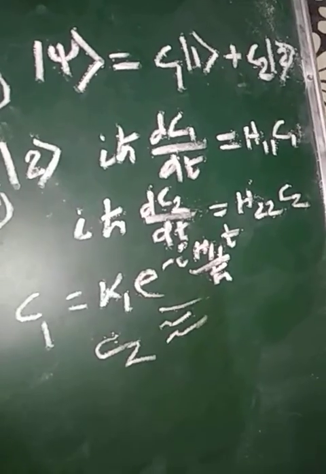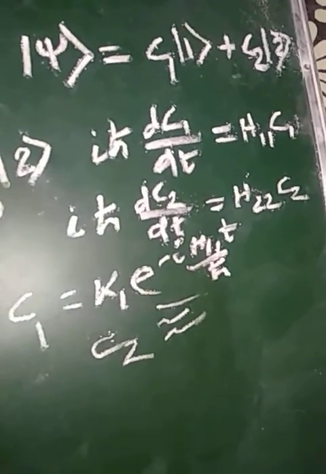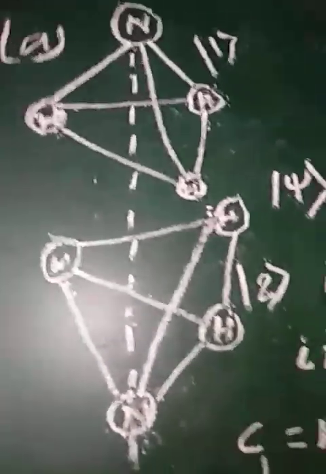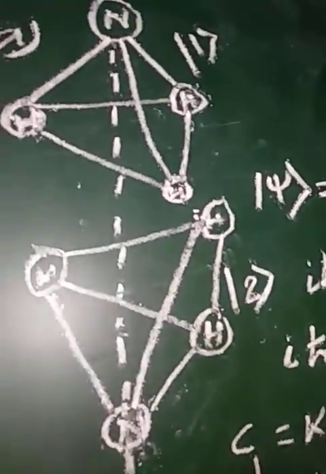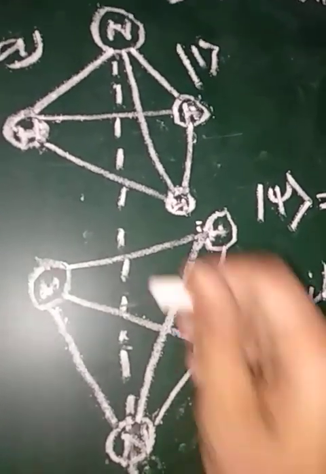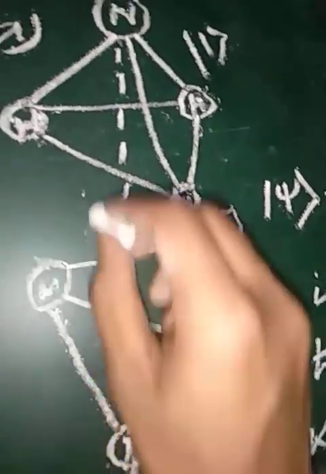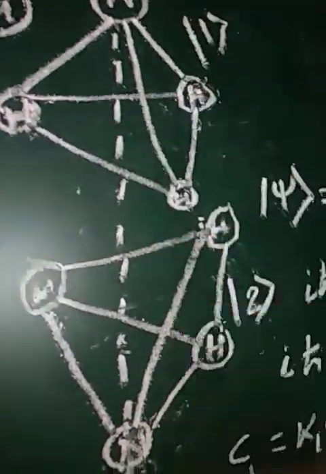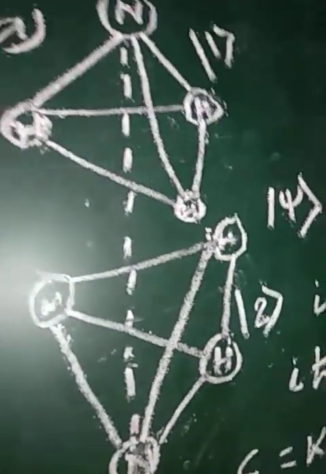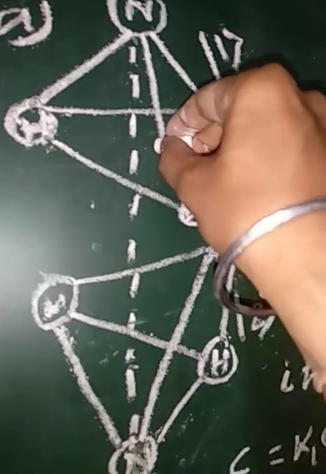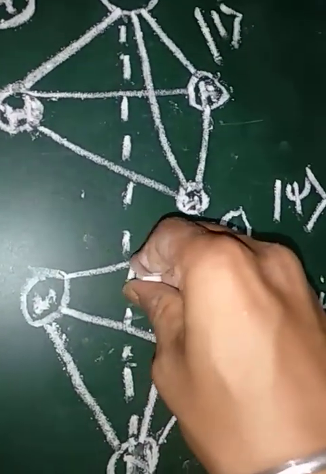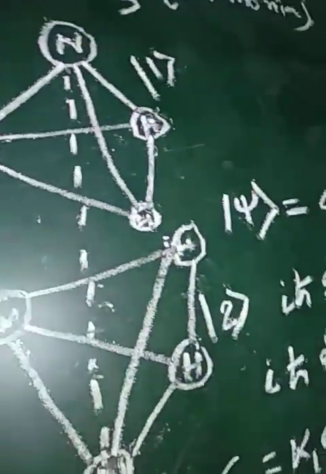Okay, now if we consider that jumping from this state to this state is possible, jumping from here to here or here to here is possible, say this is at greater energy, then it may reduce its energy by jumping to this state, or it may increase its energy by jumping to this state.